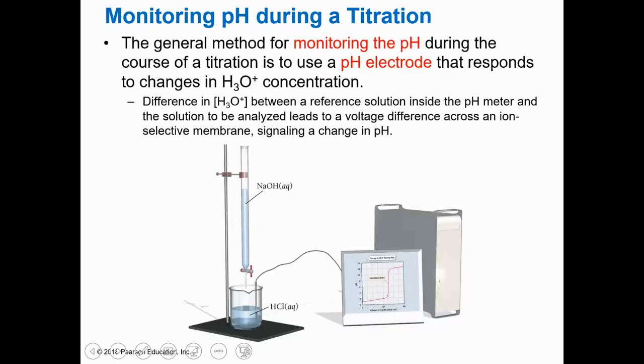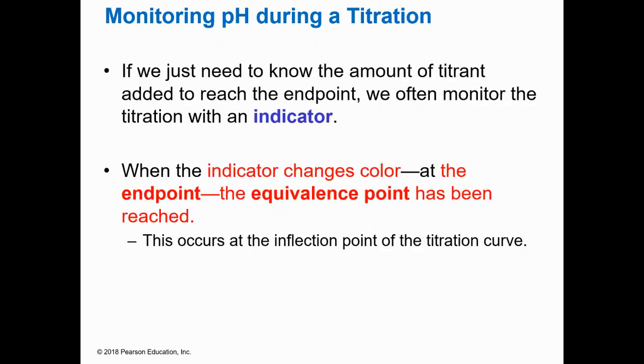All right, and in lab, we would normally be monitoring with a pH electrode, and this gives us readings at every point, and so then we see how much the pH changes over the addition of our titrant. Okay, remember indicators are more used when you need a rough estimate, not a graph. So an indicator, remember, changes colors at the end point, and it needs to be very close to that equivalence point.